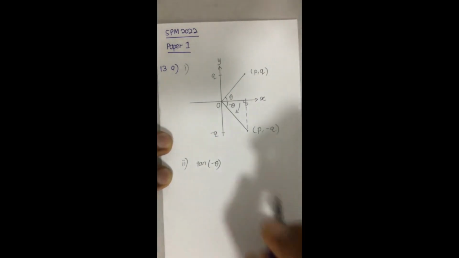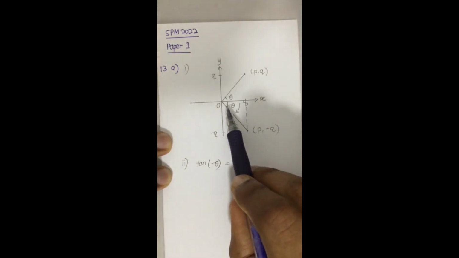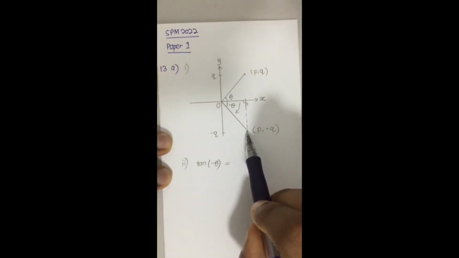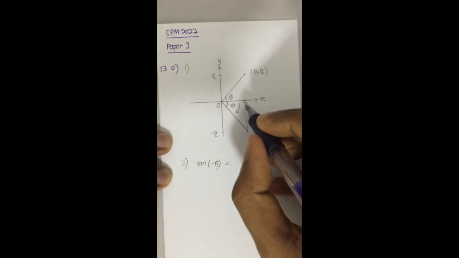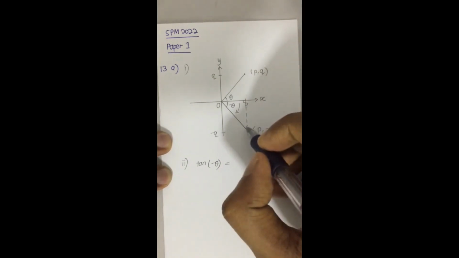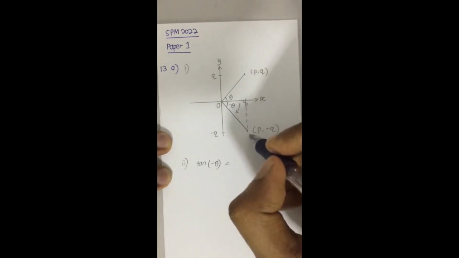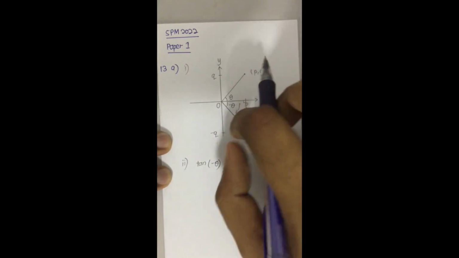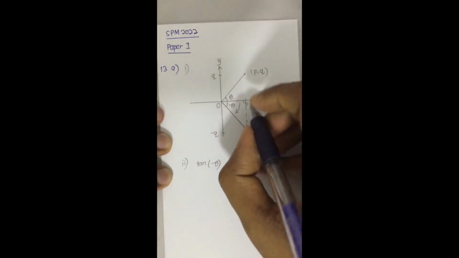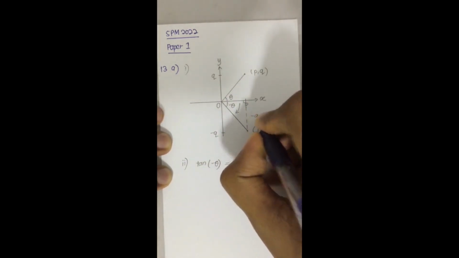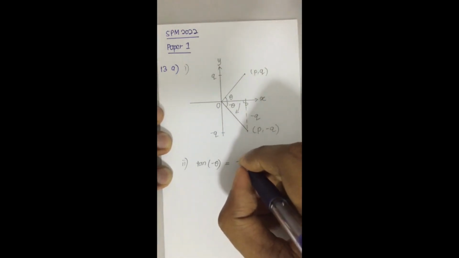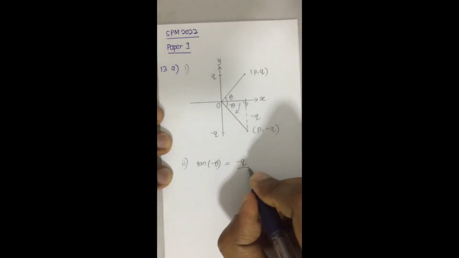So we need to find the tangent of negative theta in this case. Remember, the formula for tangent theta is opposite divided by adjacent. In this case, the opposite of this angle is the vertical distance, which is negative Q. So just write negative Q over here, and then divide by the adjacent.